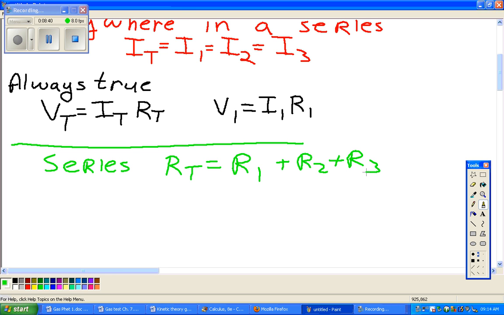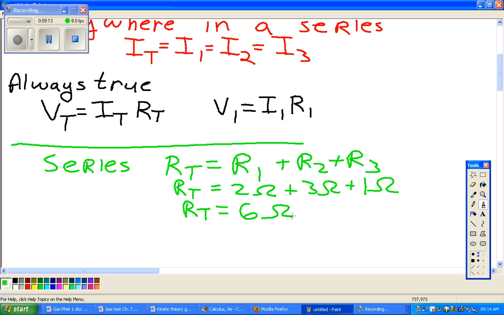So in this case, 2 ohms, 3 ohms, and 1 ohm. An upside down horseshoe, on the multimeters, is the symbol for an ohm. There are 6 ohms of resistance in that circuit.